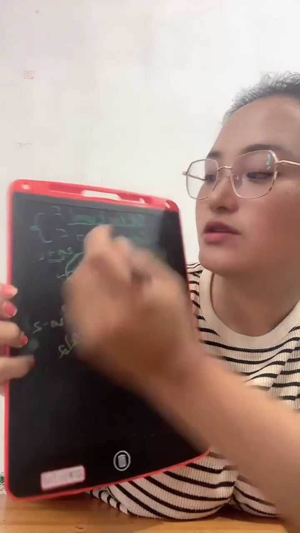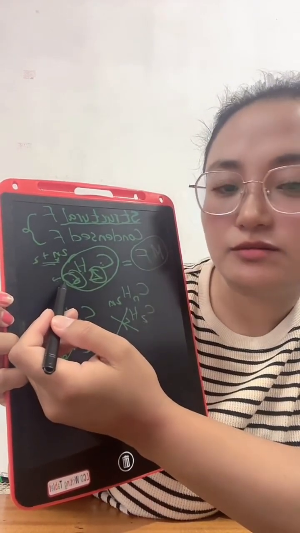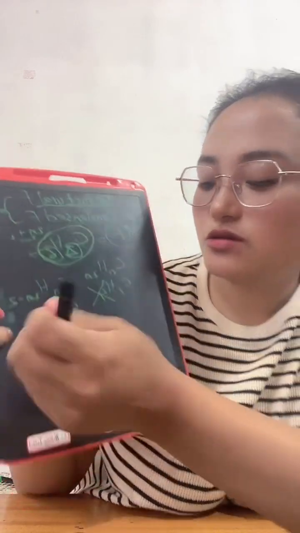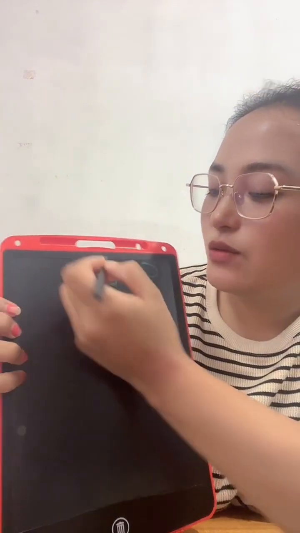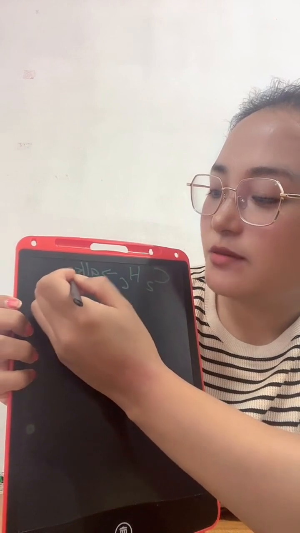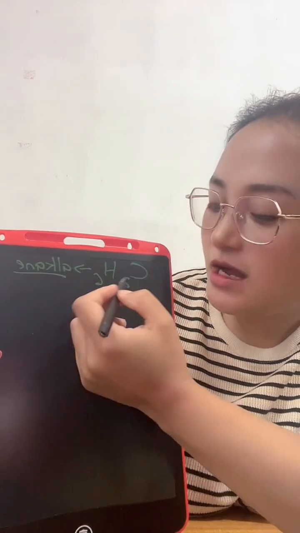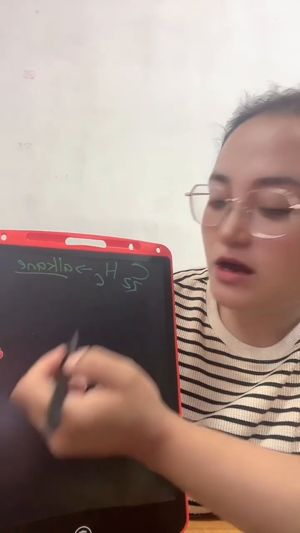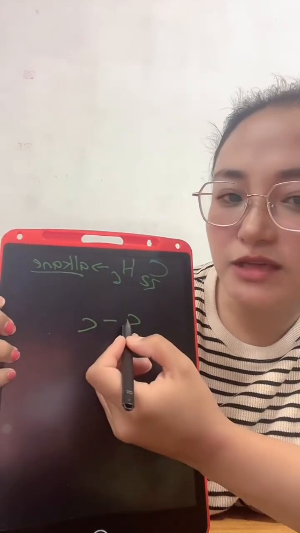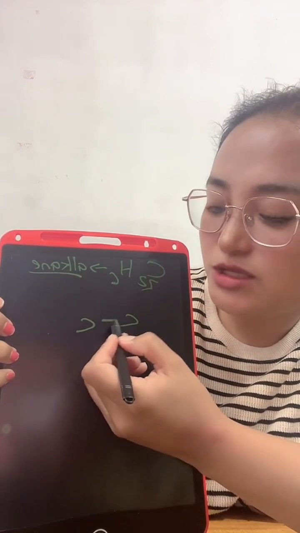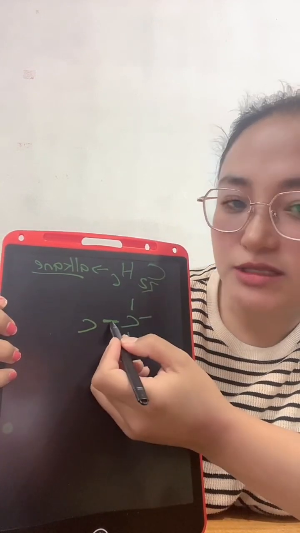To draw the structural formula, you have to know which family it belongs to: alkane, alkene, or alkyne. Now let's draw the structural formula for C2H6. We identified this as the alkane family, and in alkane we have single bonds. So draw the carbon to carbon single bond. Carbon has a valency of 4.